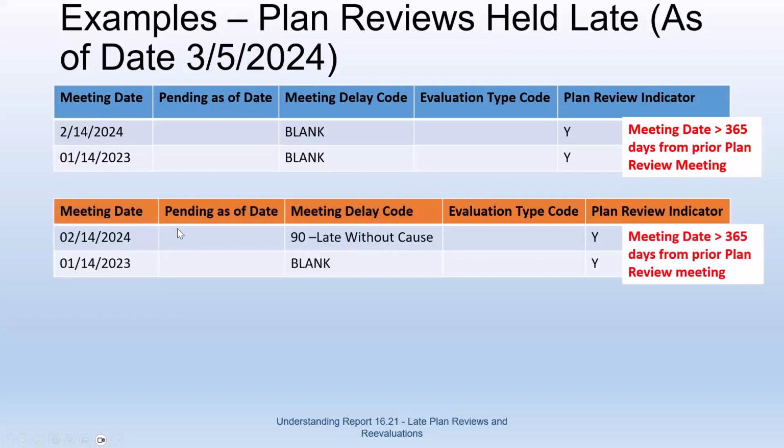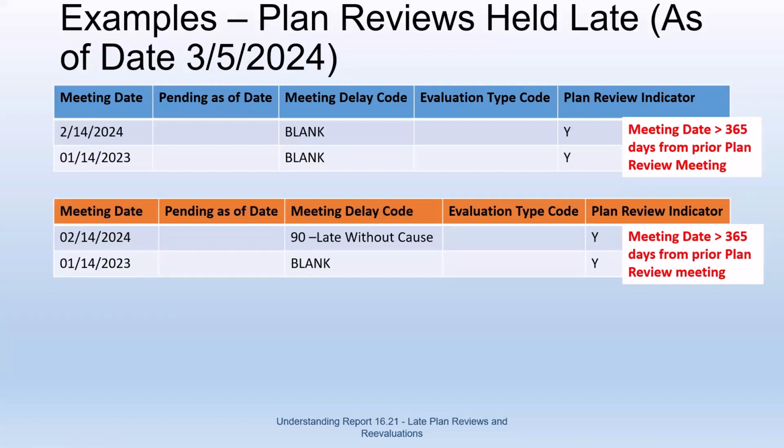In this next scenario, it's the same two meetings, except the meeting delay code here is late without cause. The reason this shows up as a plan review held late is because it was greater than 365 days from the prior plan review. Now, one of the things I wanted to point out here is all of these are plan reviews held late.